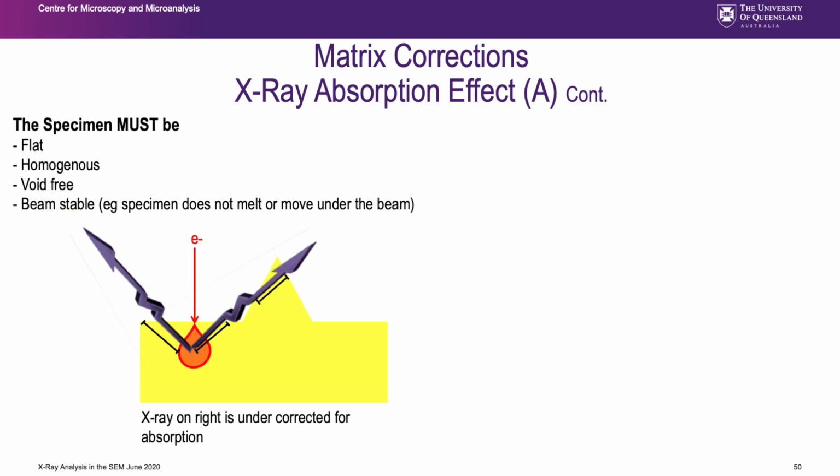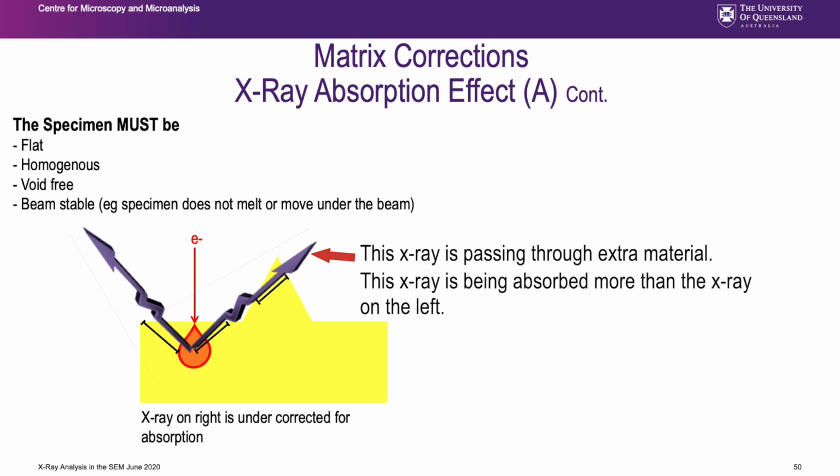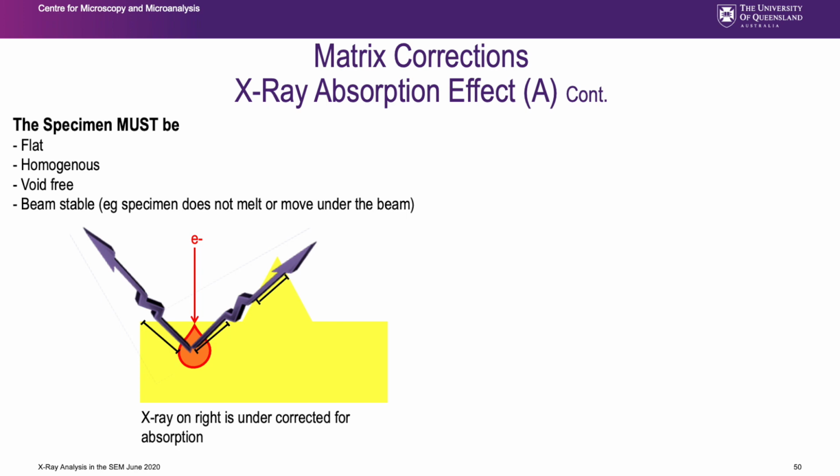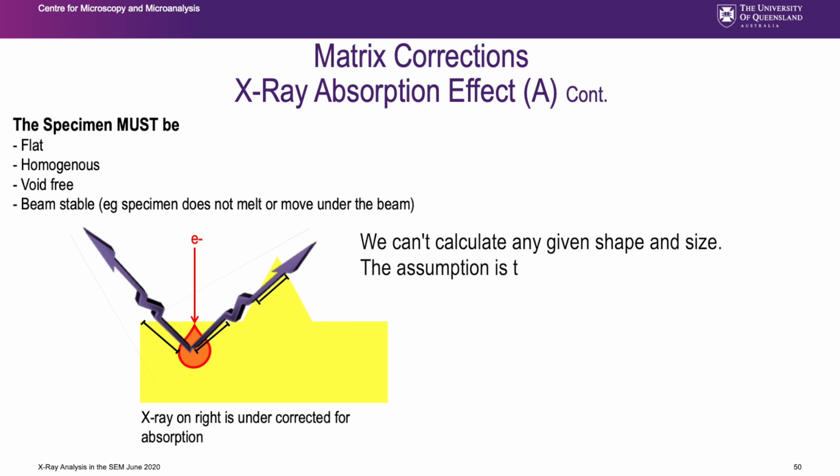Because if you look at a specimen that isn't flat, say you've got this small ridge here, this mountain, this X-ray is passing through extra material on the right that the X-ray on the left is not passing through. The X-ray on the right is being absorbed more. But we don't know that because we just assume it's flat. And we can't calculate any given shape and size. It's just too difficult.